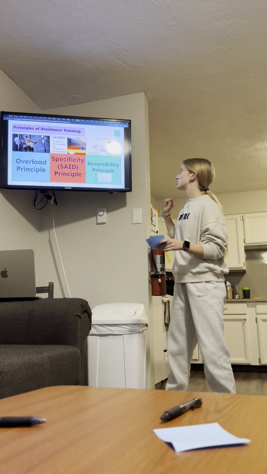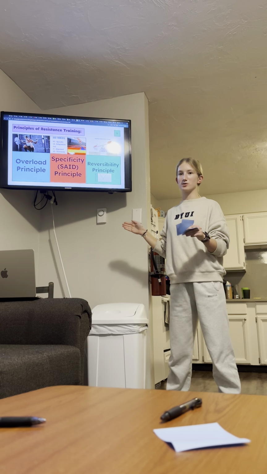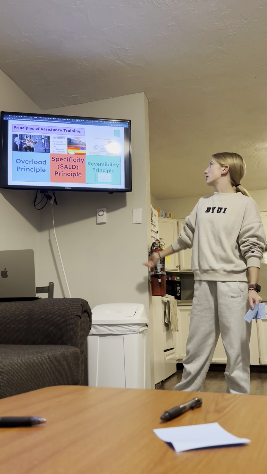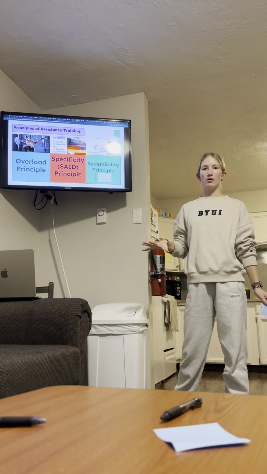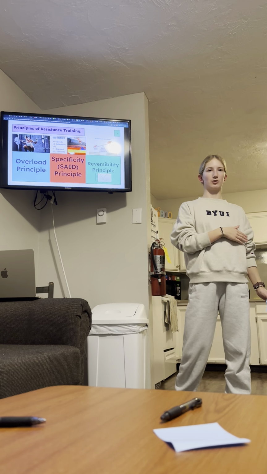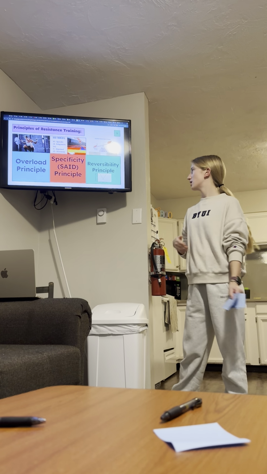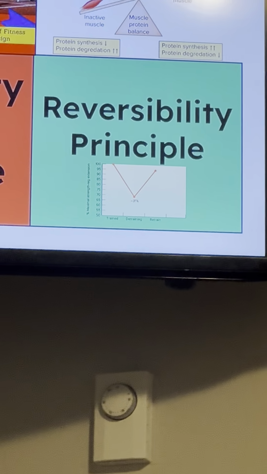And then the next principle is the reversibility principle, which basically means that whenever you don't work out, the gains can be reversed. We have a graph here that shows that whenever you're training, it goes up. You're at 100% at your peak, and then if you go a while without training, it goes down and you're not going to be as strong.